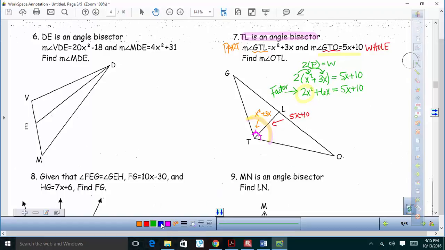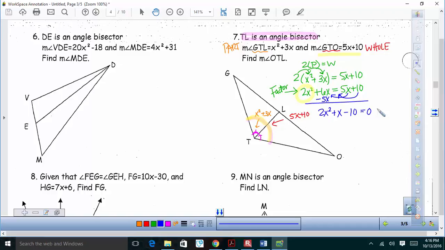I don't want x squared negative, so I'm going to move everything to the left-hand side. When I move 5x over, I actually subtract 5x. So I'm going to bring down 2x squared, because it doesn't change. 6x minus 5x is just x. And when I move 10 over, we actually subtract 10, so I'm going to put minus 10 equals 0.